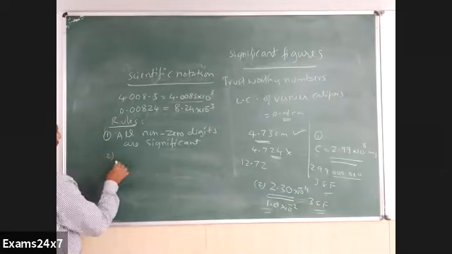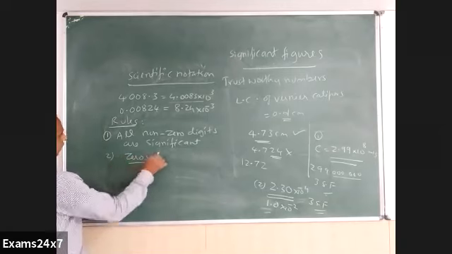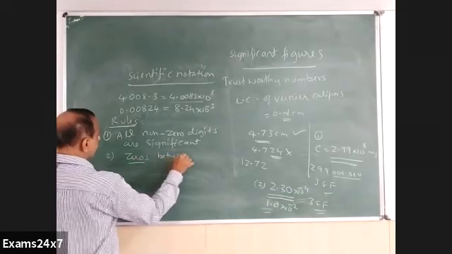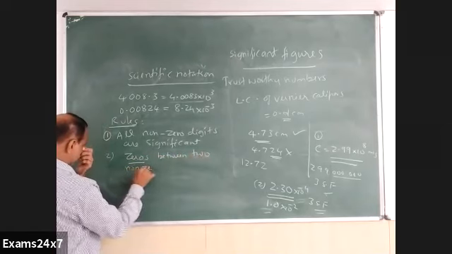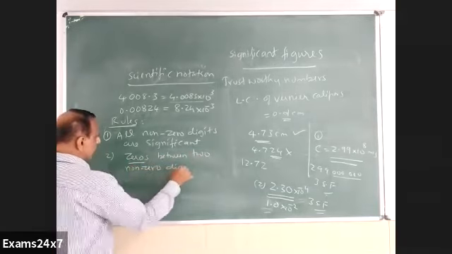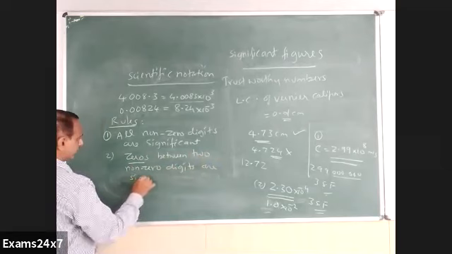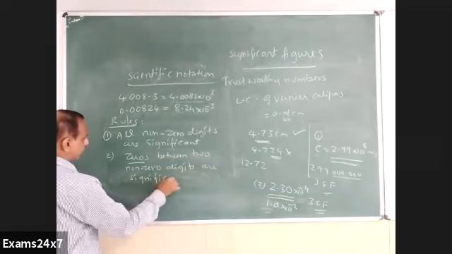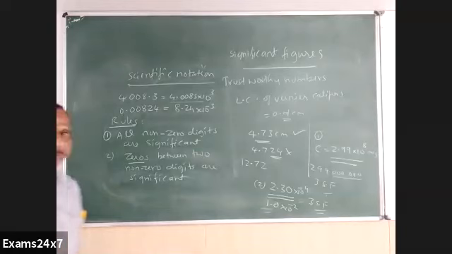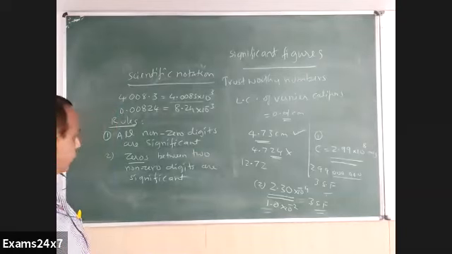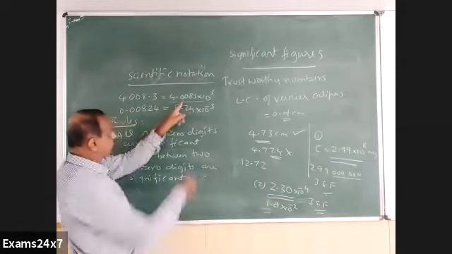Secondly, zeros between 2 non-zero digits are always significant. What is the meaning of that? See these 2 zeros.